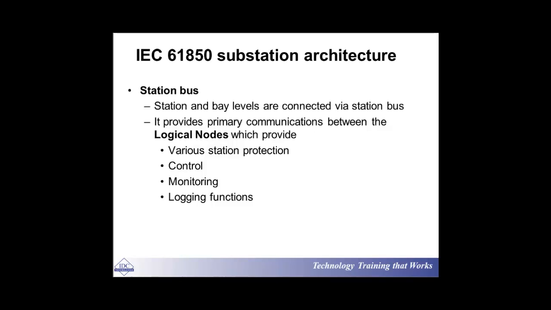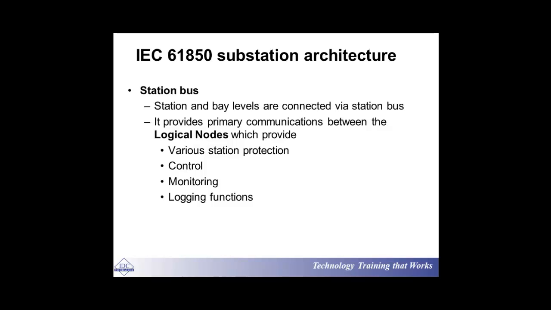The station and bay levels, normally they come together. As I said before in pre-recording number 2, protection and control normally occur in station level and bay level, right? They are connected via station bus, and it provides primary communications between the logical nodes, which provide various station protection, control, monitoring, and logging functions.